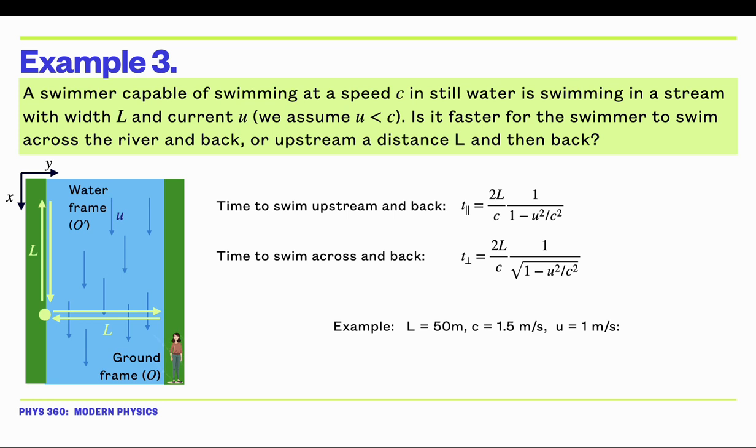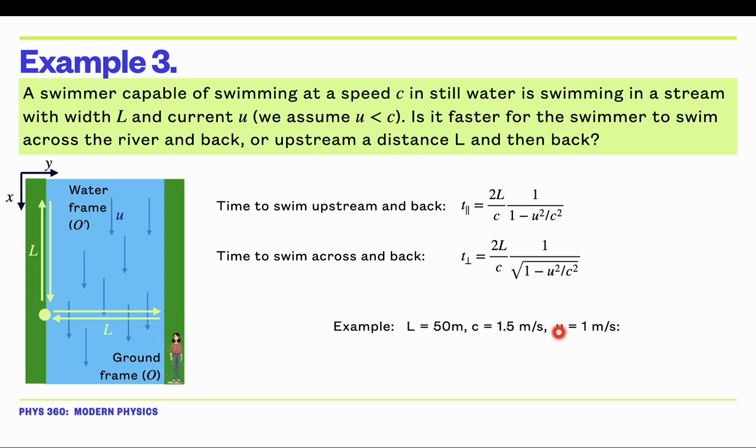So let's suppose that the width of our river is 50 meters. Suppose you could swim at 1.5 meters per second. That's about 3 miles per hour, which is actually pretty fast. And we're going to assume that the flow of the river is about 1 meter per second.